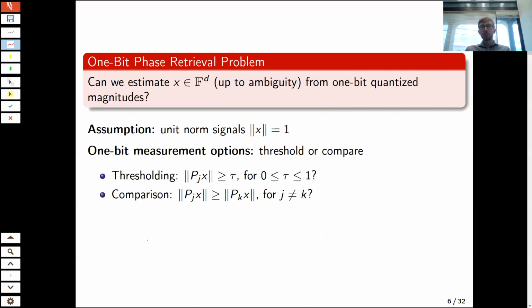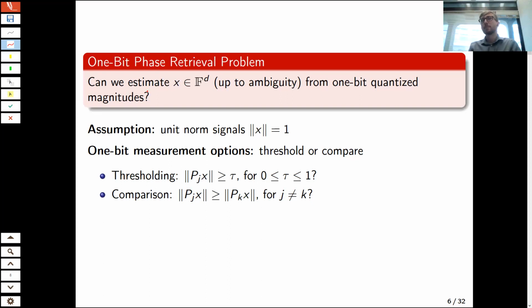Now let me state what the one-bit phase retrieval problem is. Can we estimate a signal X? I've changed recover to estimate here because once we are quantizing this coarsely, we can never hope, with just a finite number of these measurements, to exactly recover the signal X that we're measuring. I'll draw a picture to illustrate this in a second.